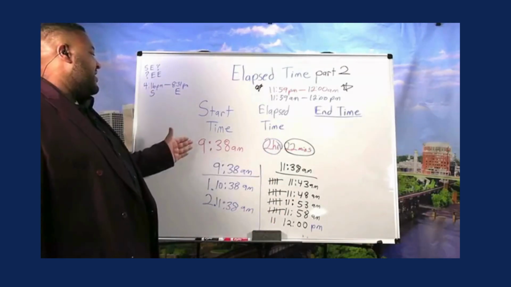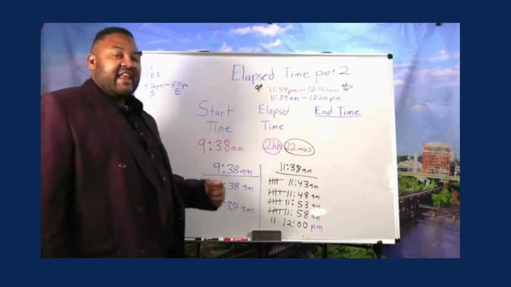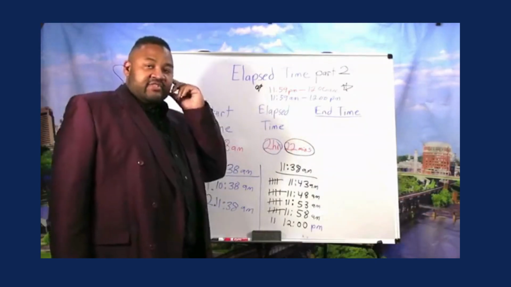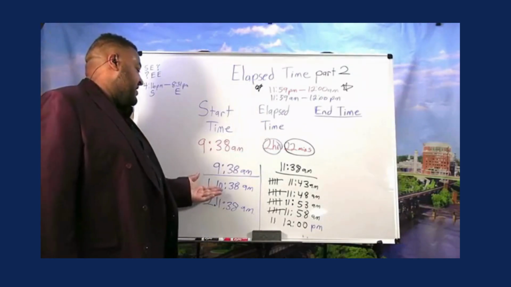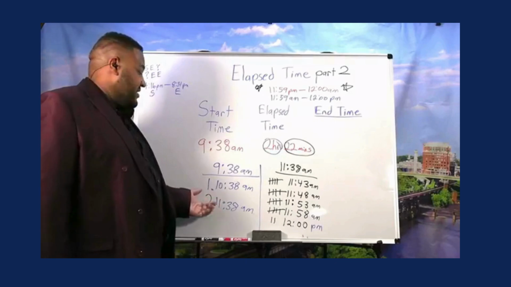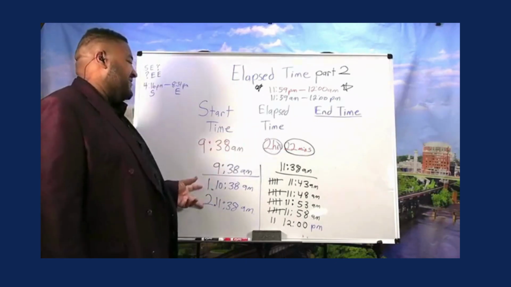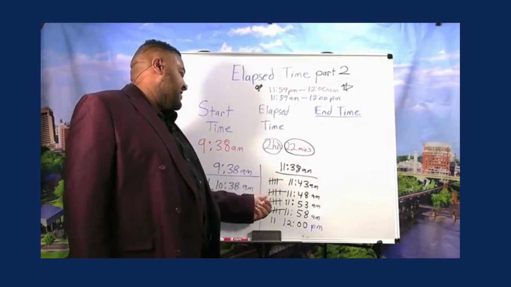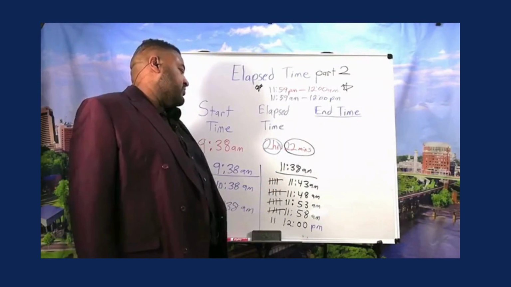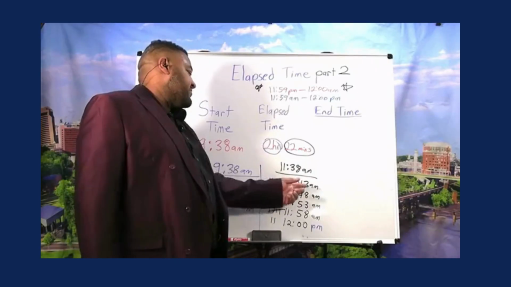We started with the time 9:38. We went to 10:38 and 11:38. That's where our 2 hours came from, because they gave us the time. And then I went forward: 5, 10, 15, 20, 21, 22. For each one of these, I gave it 5.